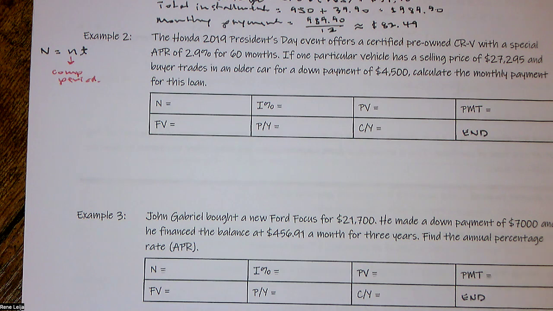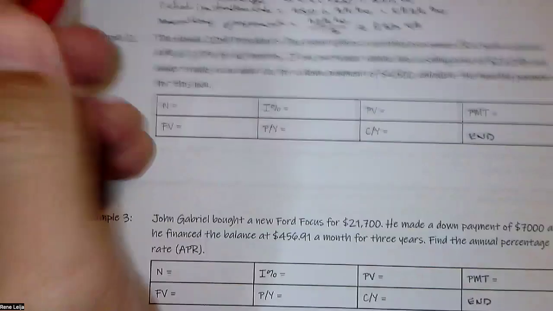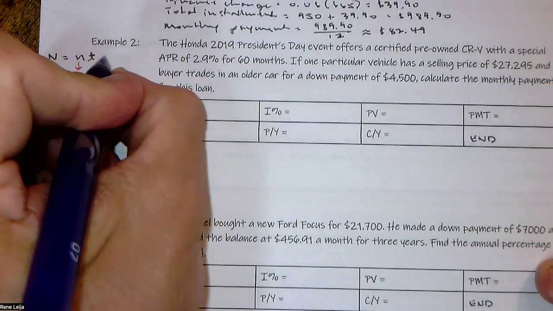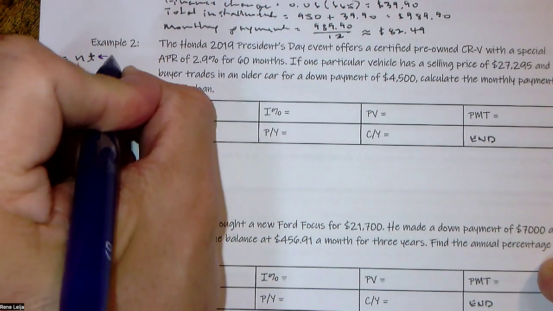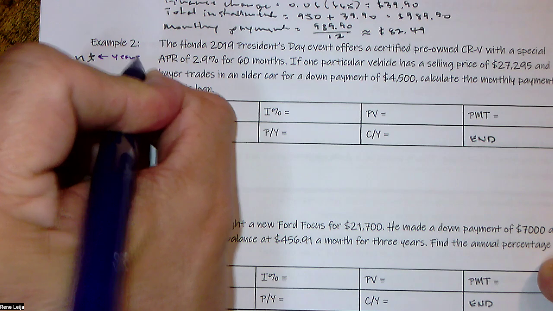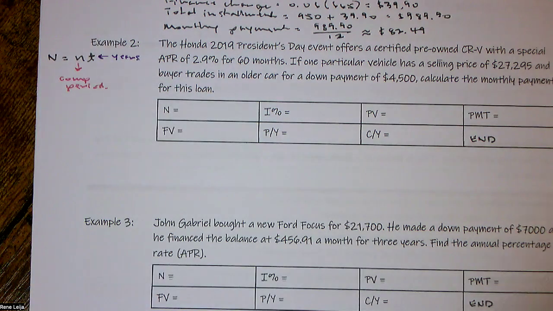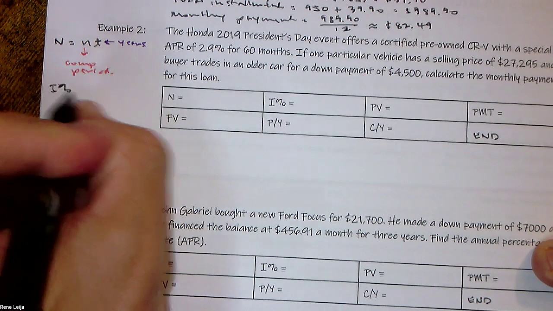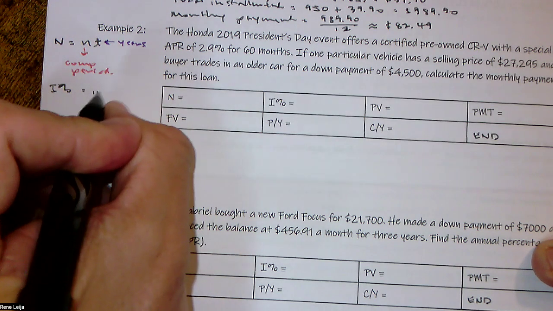And T is going to refer to years. I'm going to do that in orange, it looks too much like the red. So T is going to be the number of years. Okay. Now, your I% is going to be your interest rate.